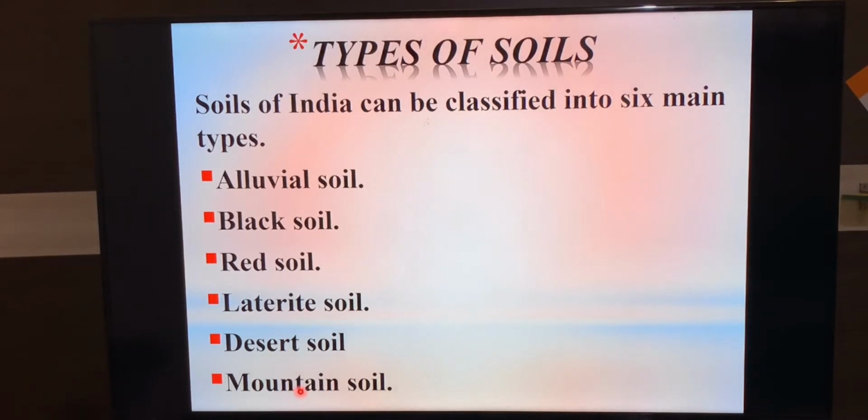So remember, in India we have varieties of soils. And how many varieties do we have? 6 types of soils are located in India: alluvial soil, black soil, red soil, laterite soil, desert soil, mountain soil.